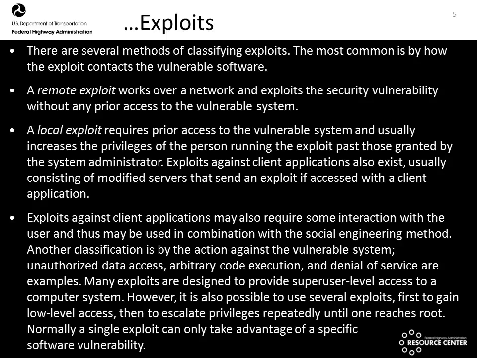A local exploit requires prior access to the vulnerable system and usually increases the privileges of the person running the exploit past those granted by the system administrator. Exploits against client applications also exist, usually consisting of modified servers that send an exploit if accessed with a client application.